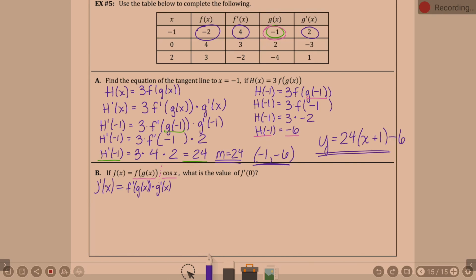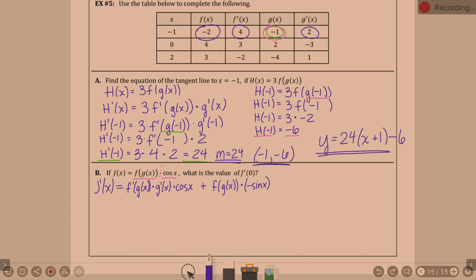So that whole thing, f prime of g of x times g prime of x, is the derivative of the first, times cosine x. That's product rule, so we're going to add. Now we get to keep f of g of x the way it is times the derivative of cosine, which is negative sine x.